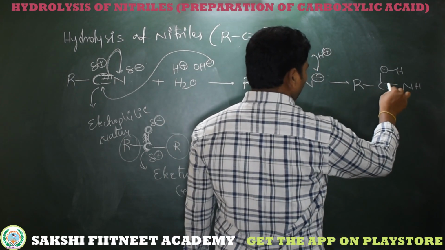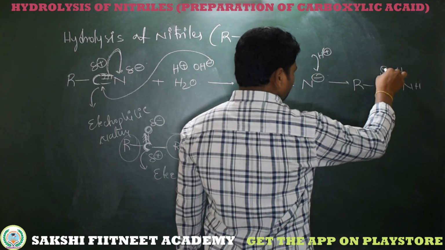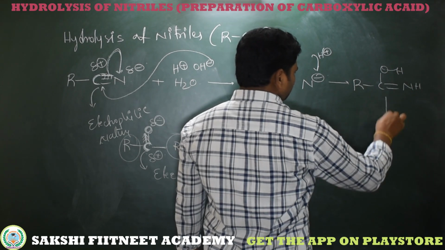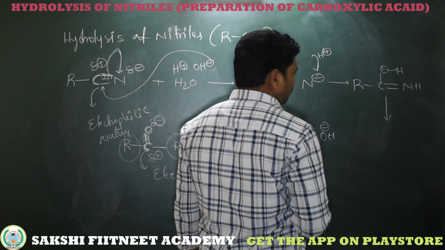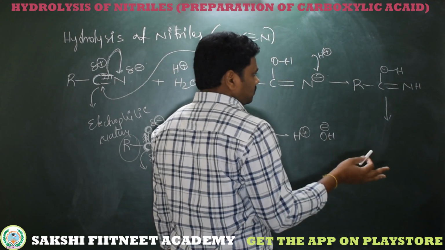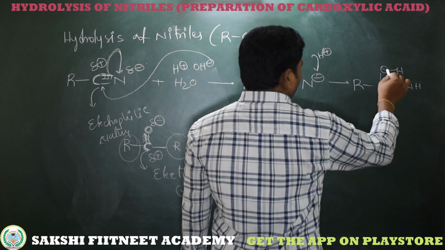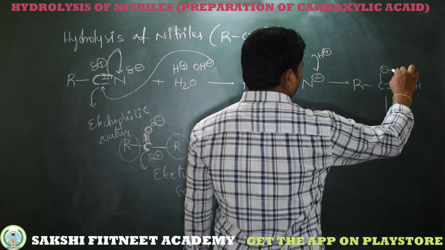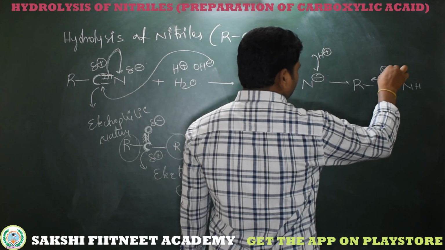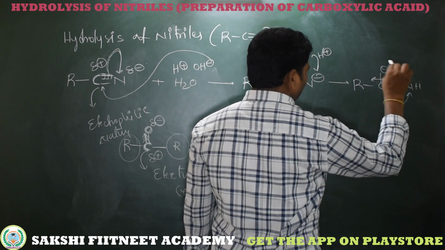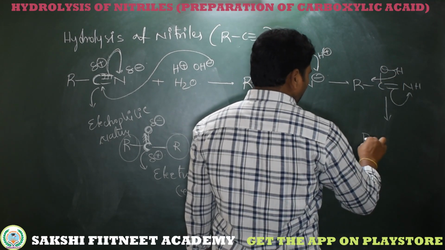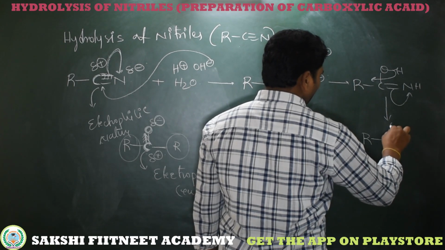Here the double bond is in conjugation, and this is called keto-enol tautomerism. The oxygen to hydrogen bond electrons shift towards the oxygen to carbon bond, and the pi electrons shift towards nitrogen. Then we get the keto form.